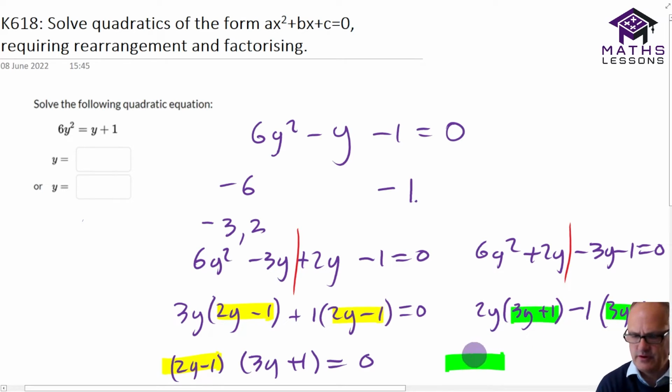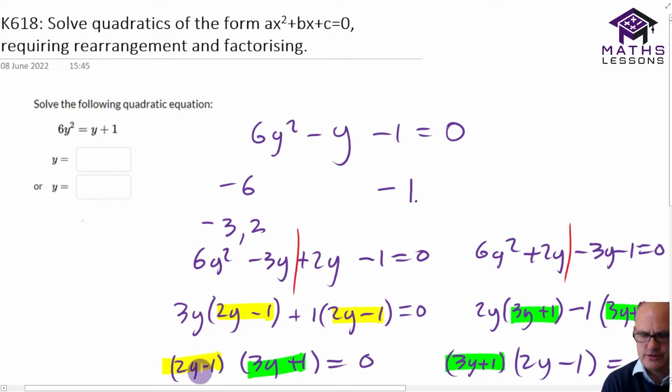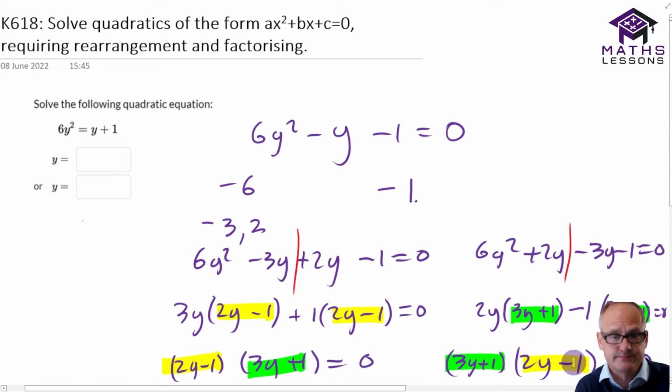Okay, so the 3y plus 1. And I'm left here with the 2y and the minus 1. And what you will see is I've got the 3y plus 1 in both. And I've got the 2y minus 1 in both. And so whichever way I do this splitting up, I get exactly the same answer.